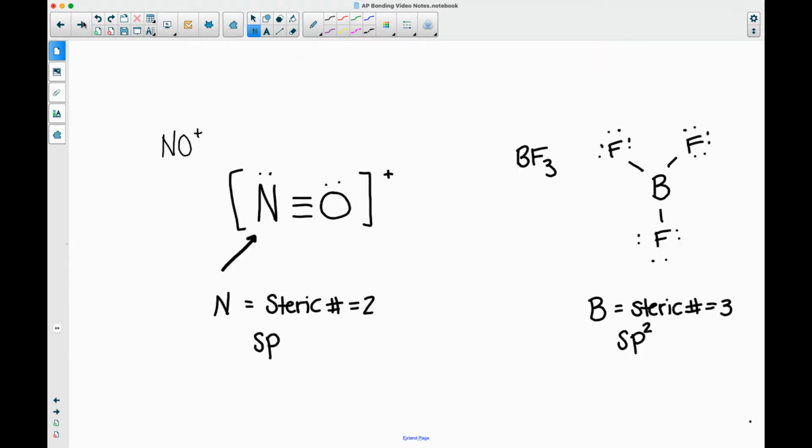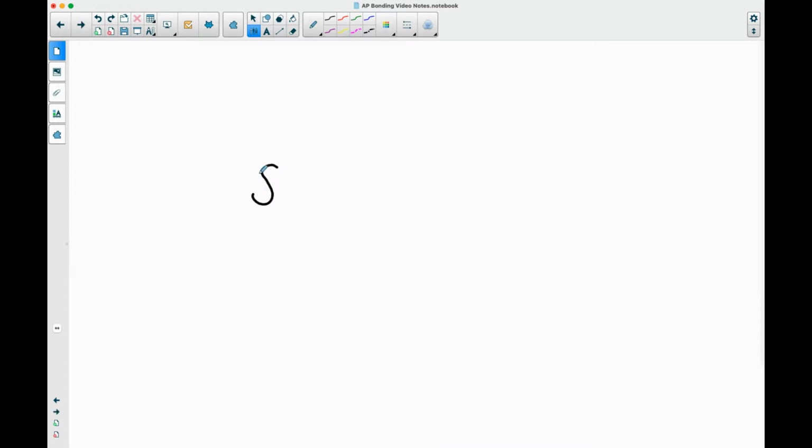If I have a molecule that is bigger, like let's say I have SF6, and I want to know the hybridization of the sulfur, I still do the same thing to get the steric number. The steric number tells me the number of hybrid orbitals.